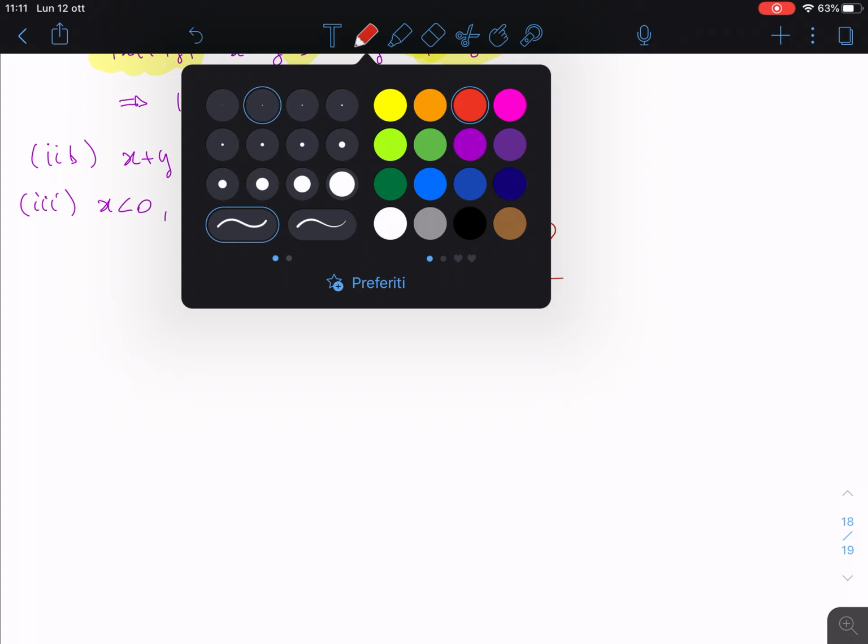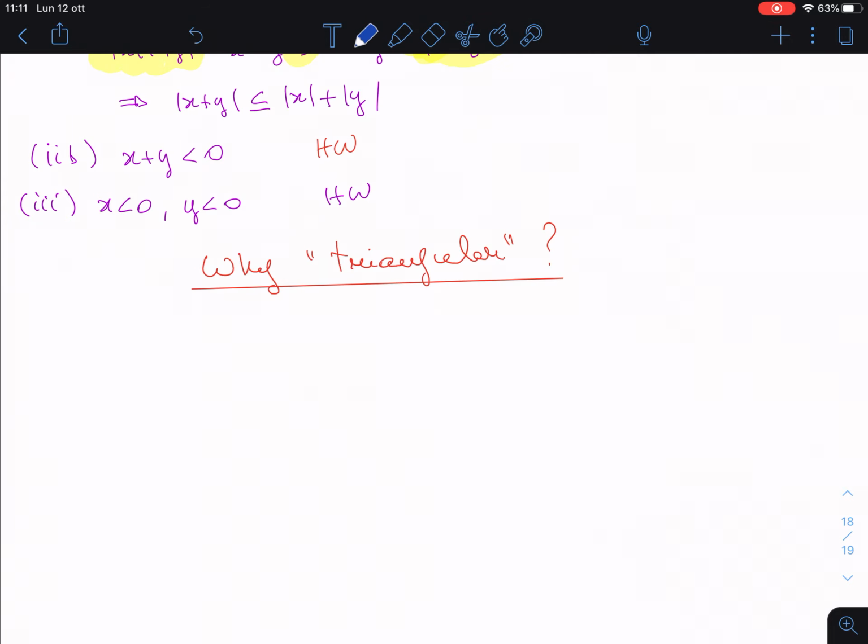So in order to understand that, just try to use some sophisticated objects. So instead of using numbers, just use vectors.